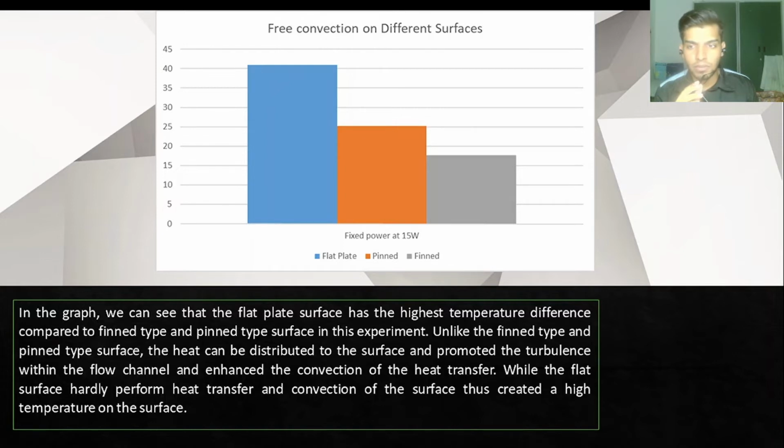Unlike the fin type and pin type surface, the heat can be distributed to the surface and promoted the turbulence within the flow channel and enhance the convection of the heat transfer, while the flat surface hardly performs heat transfer and convection of the surface, thus created a high temperature on the surface.